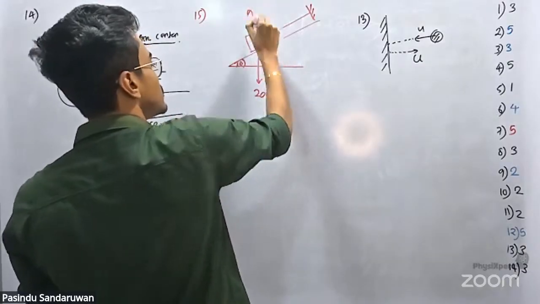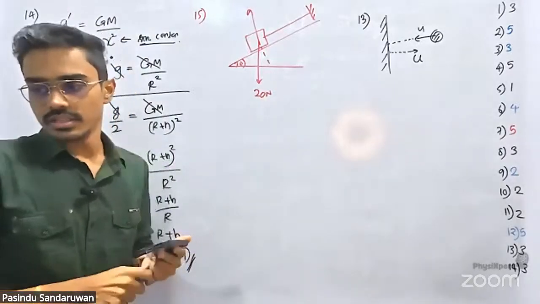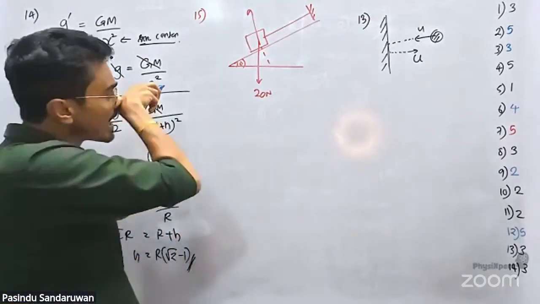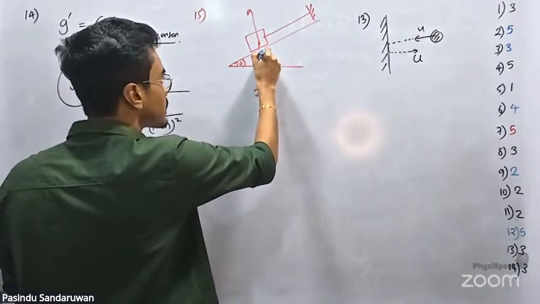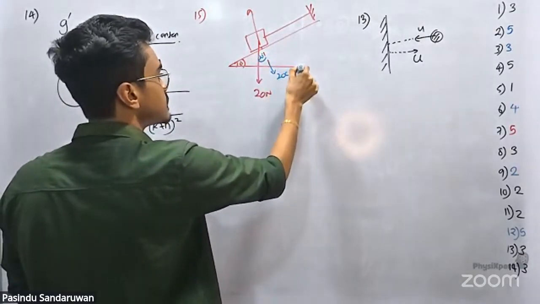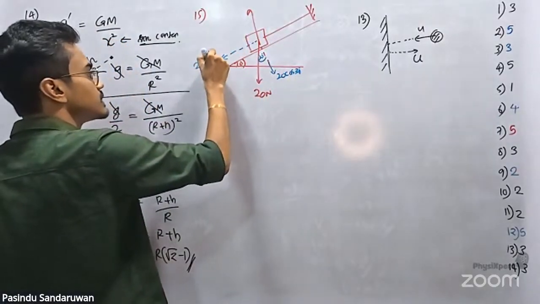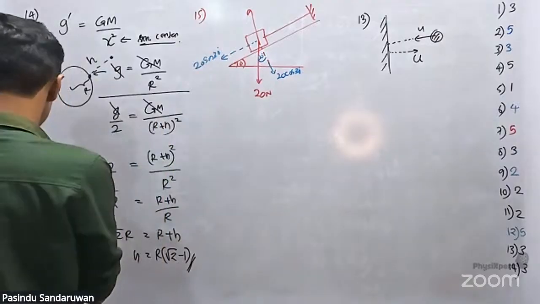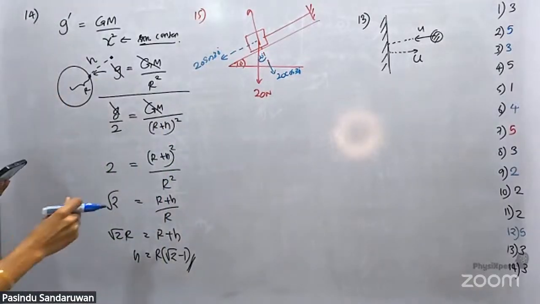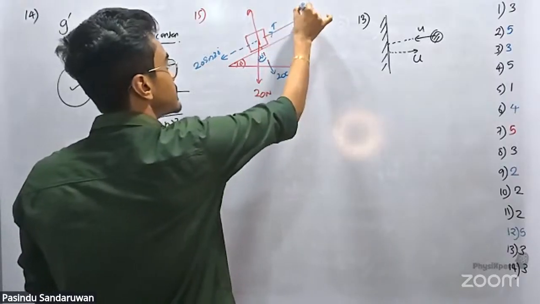So we know this angle is also 30. Which means this component is 20 cos 30, and that component is 20 sin 30. Right, and let's say tension is T.